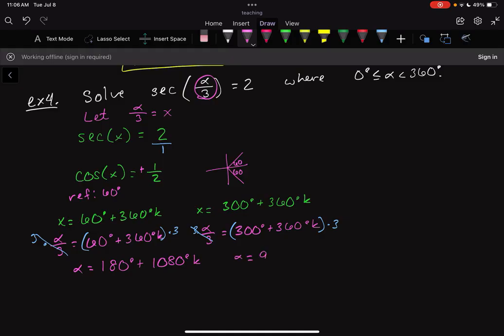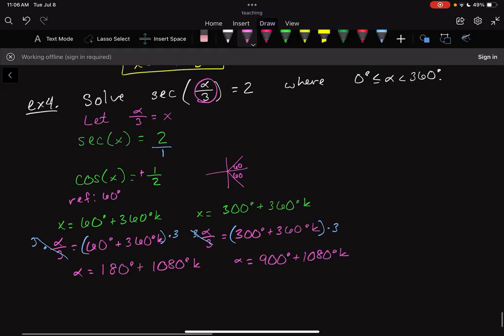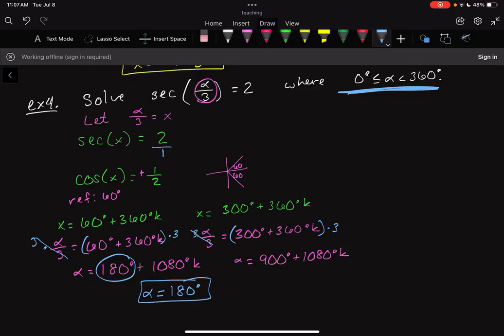The other side, I get 900 plus 1080k. But we'll be careful because I only want answers between 0 and 360, and the only one I see here that can give me that is 180. So my answer to this is just 180 degrees. Sorry, I didn't mean to write the k there.